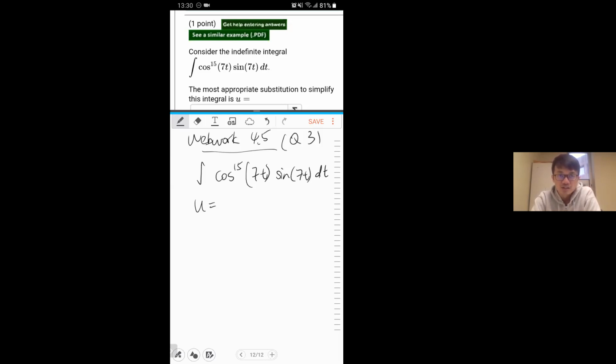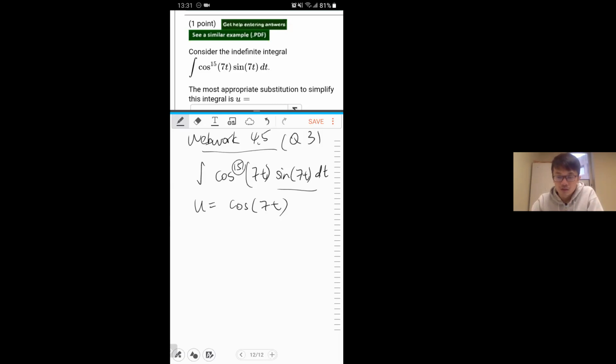One is it's inside another function. Second is the derivative shows up in the integral. I know that the derivative of sine of 7t shows up in the integral somewhere, but a better choice is actually cosine of 7t, because it's inside the power function, because you have the 15 here. Does it make sense?